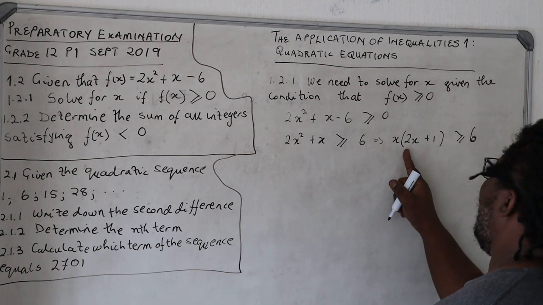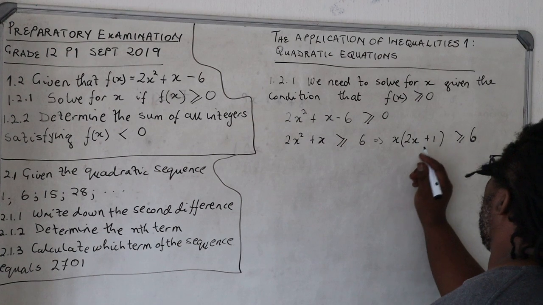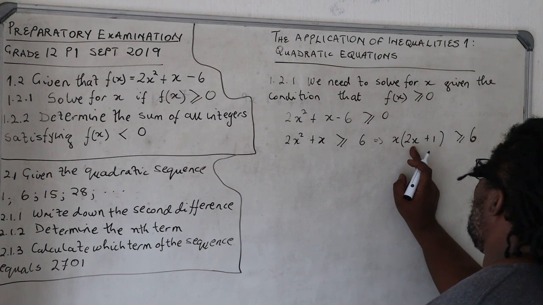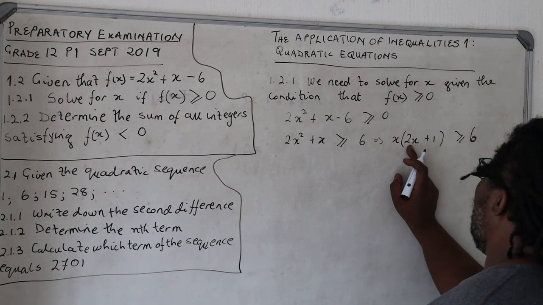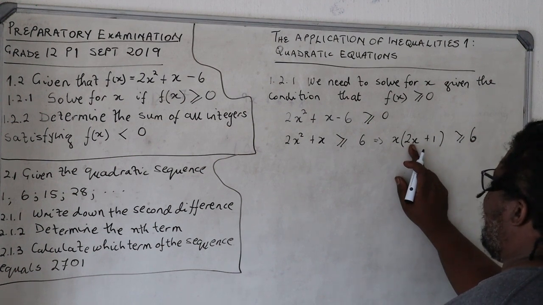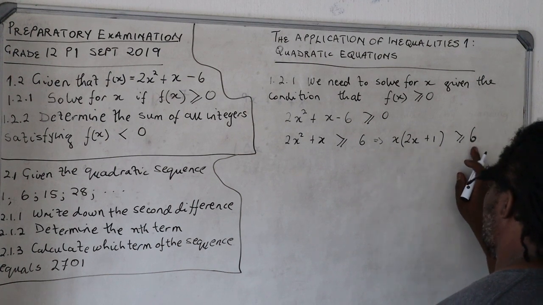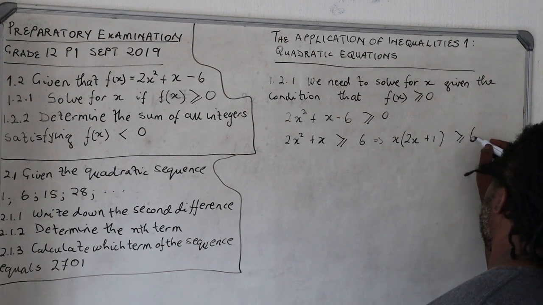After we factorize, it's x bracket 2x plus 1 greater than or equal to 6. So if x is equal to 1.5, this is 2 times 1.5 plus 1. 2 times 1.5 is 3, plus 1 is 4. 4 times 1.5 is equal to 6.